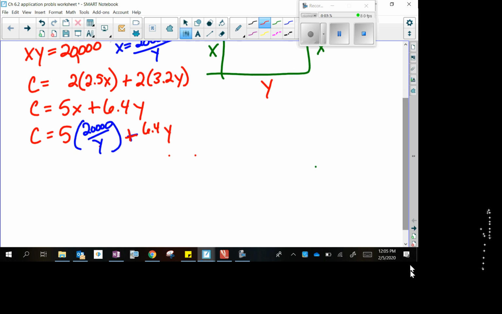Then 5 times 20,000 is 100,000, plus 6.4y, okay?